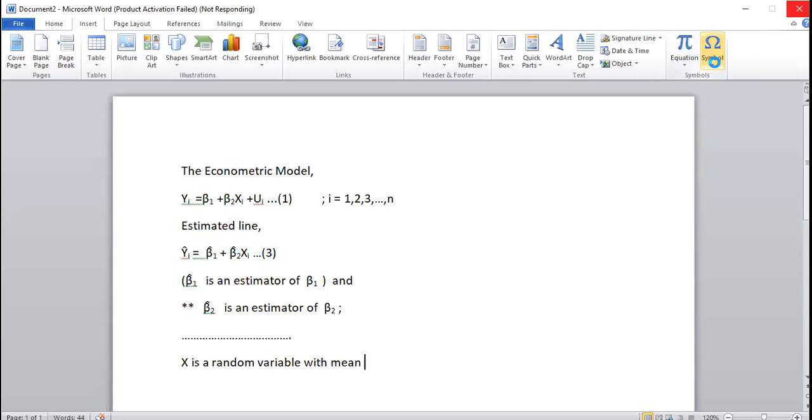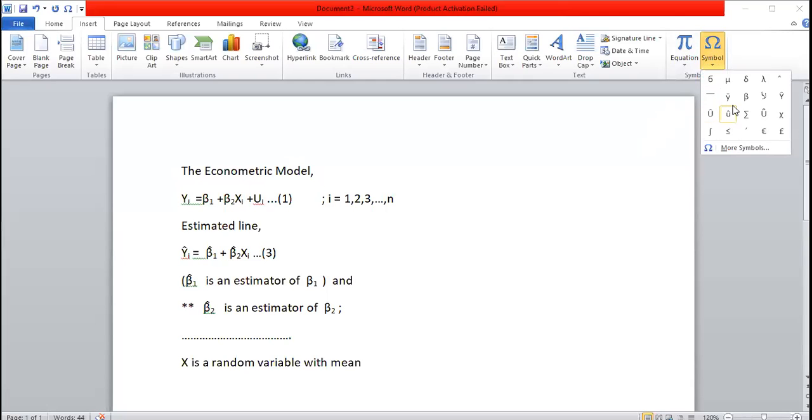So if I say X is a random variable, not related to regression analysis, just from statistical review, if X is a random variable with mean mu, what type of mean is that? Population mean, exactly.